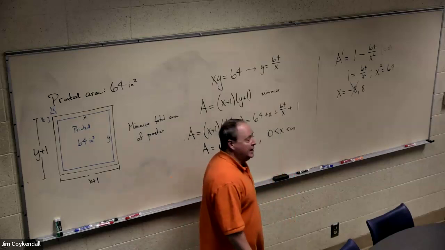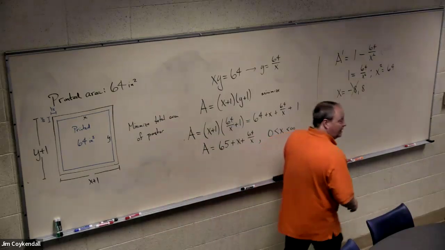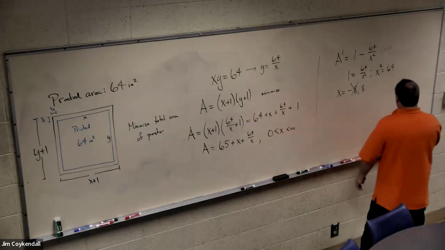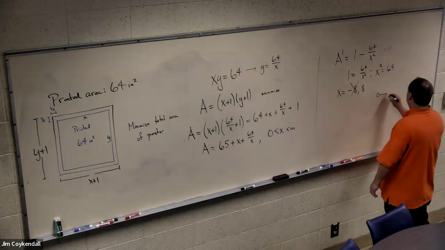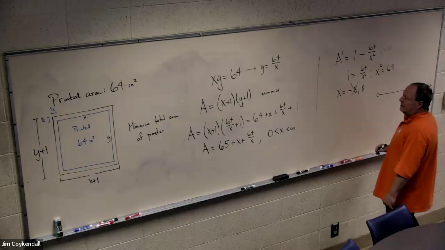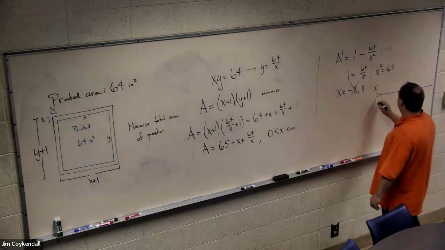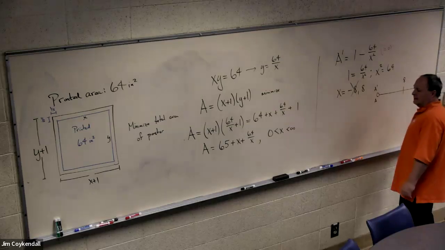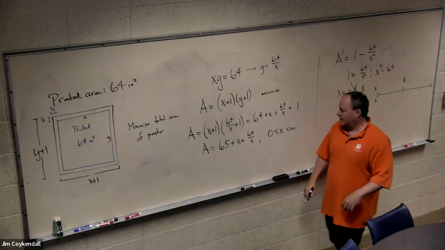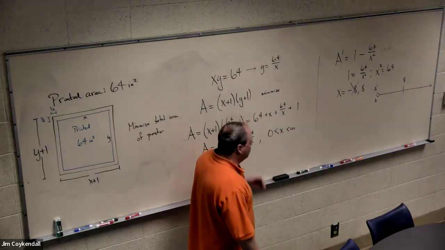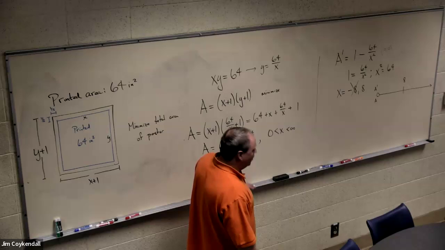So what's the minimal total area? Oh, I guess I should make sure that this is a minimum. I'd be so fired if I made that as big as possible. So let's see here, A prime. One critical number at 8. Let's look at this derivative. What happens if you're on the left-hand side, say 1?